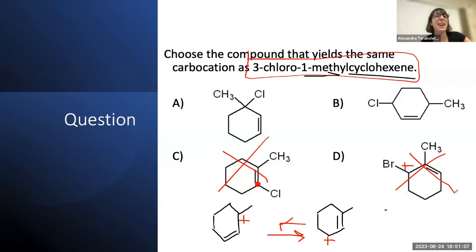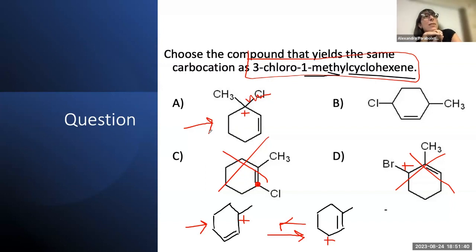Okay, and A, I would form a charge here right on the methyl with the double bond down here. Do I have a scenario like that? I do, and it's actually right here. Do you guys see that? This and this are the same. It's just that they're drawn a bit differently. Would it be a good strategy to just draw all of these out?